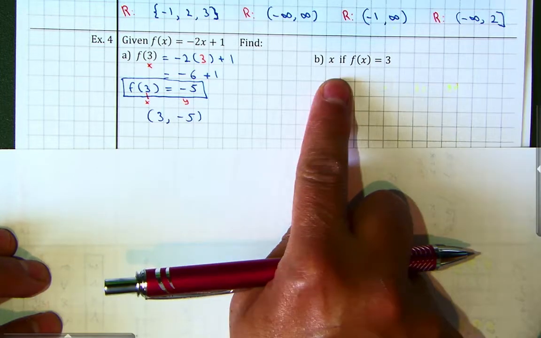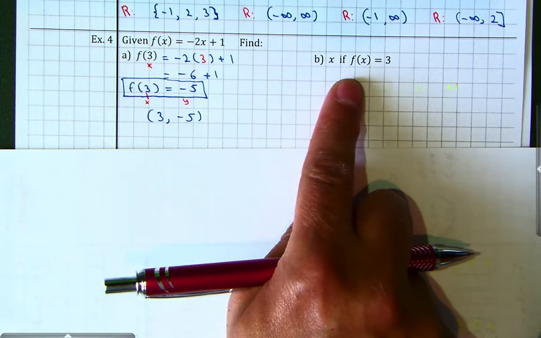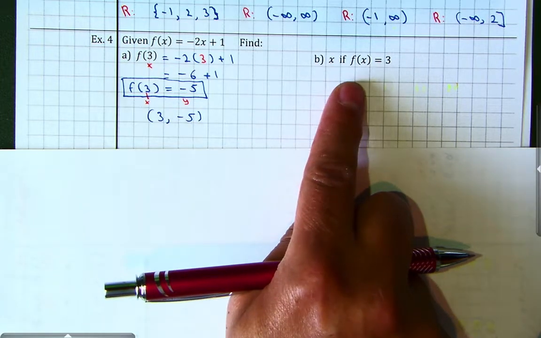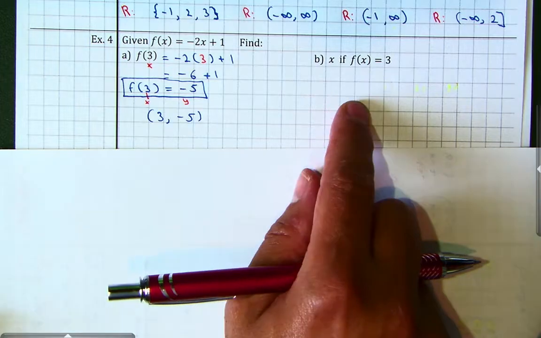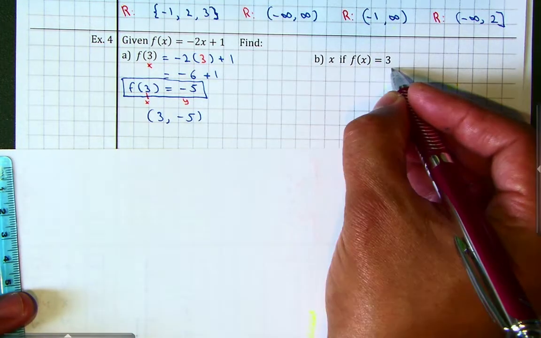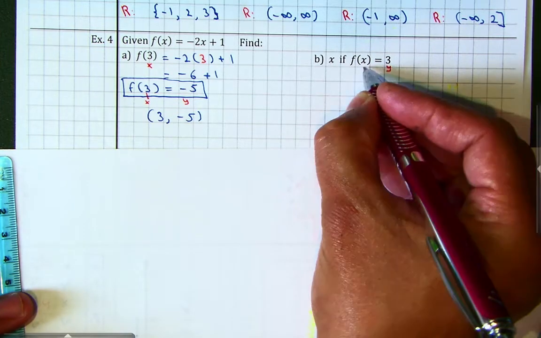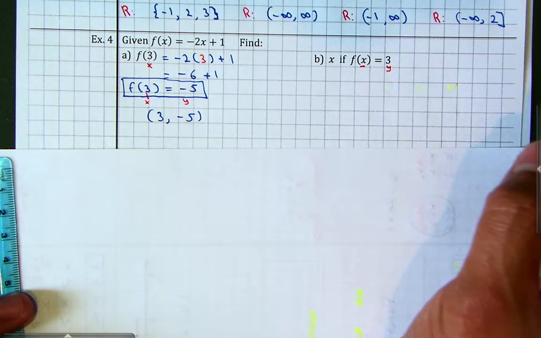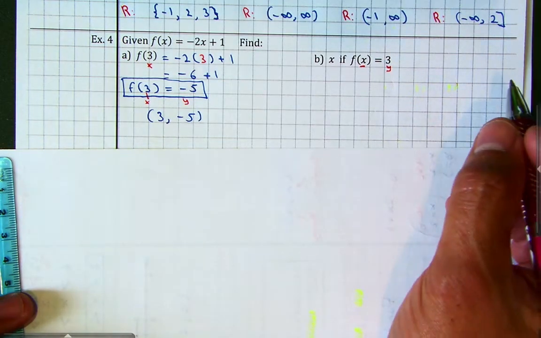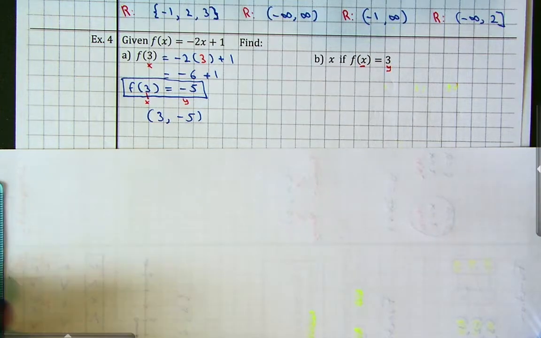Letter B is one that many of you guys are going to struggle with throughout the year, just the notation. So in this case, they're telling you to find the value of x if f of x is equal to 3. So if the value of y is 3, we're looking for what is the value of x. So therefore, we are going to substitute.